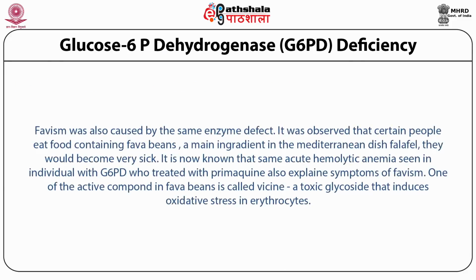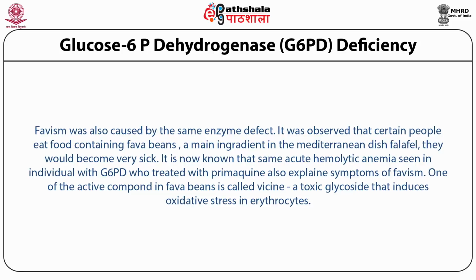Favism was also caused by the same enzyme defect. It was observed that certain people ate food containing fava beans, a main ingredient in the Mediterranean dish falafel. They would become very sick.